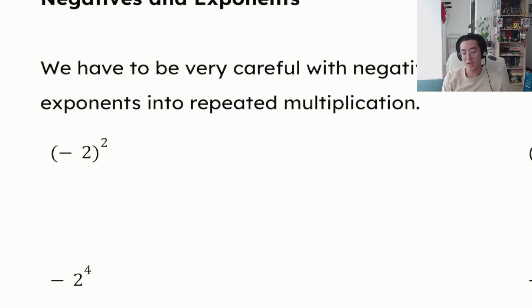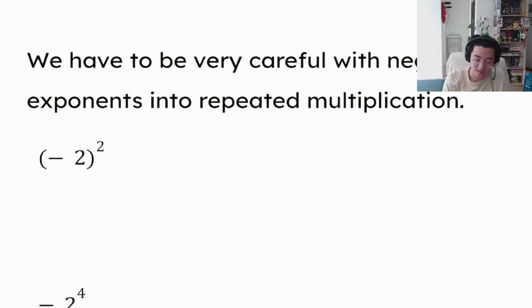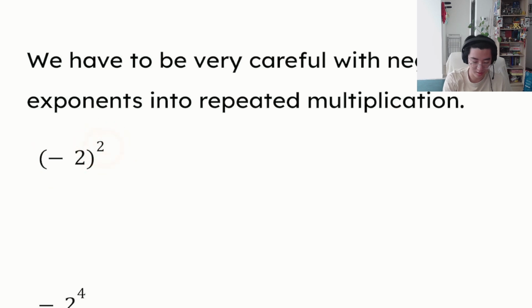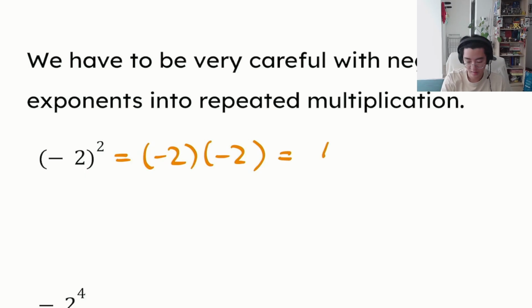So we've got negative 2 squared. Notice how the negative here is inside the bracket. So this whole thing is raised to the power of 2. So it's negative 2 times negative 2, which is 4. Two negative numbers make a positive number.